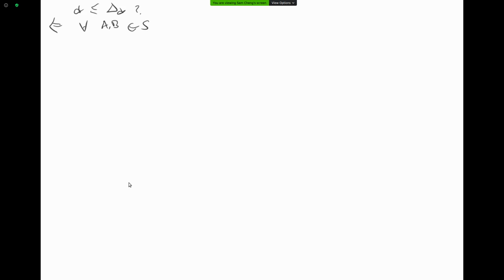Let's consider a function f this way. I define a function f of x, where x is some other member in S, and we define f of x as dxa minus dxb. Then, because of the triangle inequality, we have dax is less than or equal to dbx plus dab, or dba.